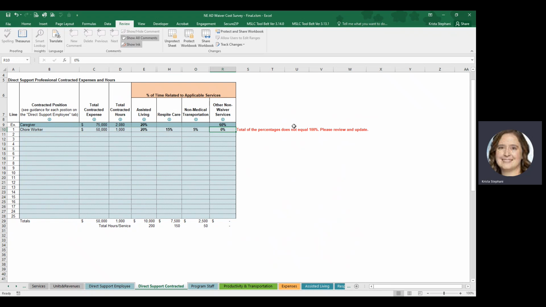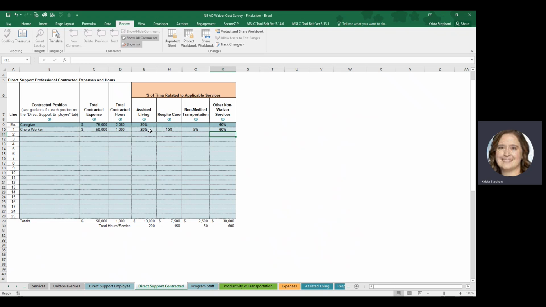Please ensure that the totals in each row equal 100 to allow for allocation of the full contracted expense. Once you enter in the contracted expense and hours and the percent of services related to each service, you will see that an allocated expense will populate related to each service.